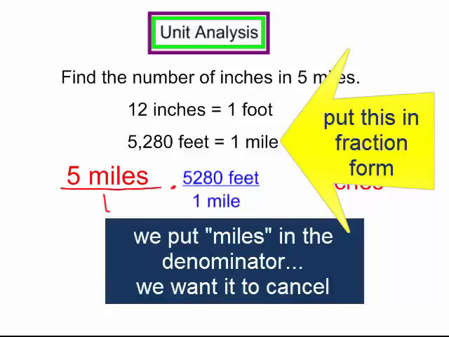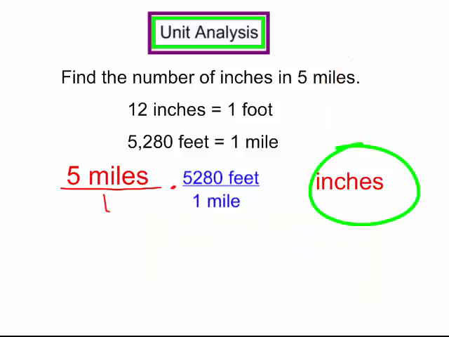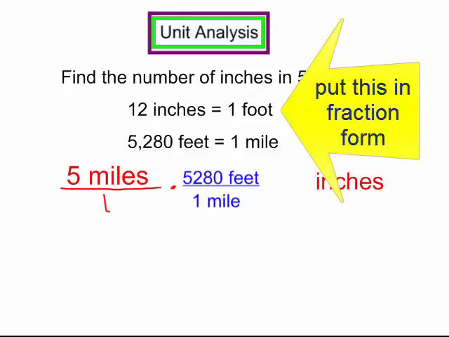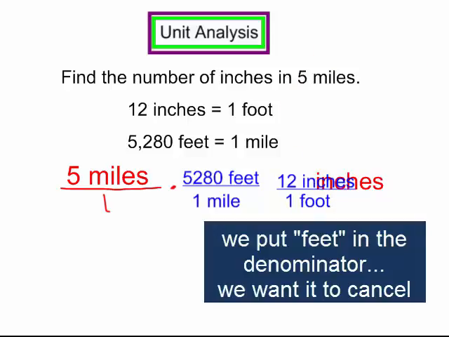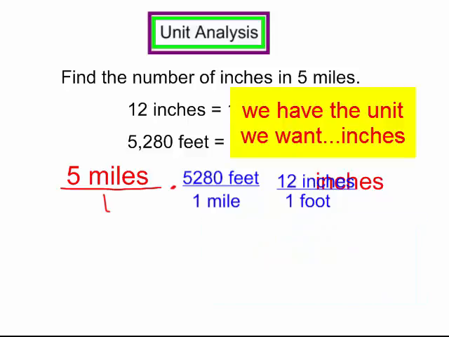Now the miles will cancel here, but I'm still not to inches yet. I know that there are 12 inches in 1 foot. And you notice that I put the feet on the bottom, so they will cancel. And I now see the unit that I want to end with.